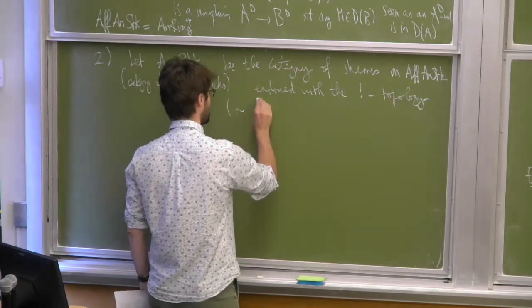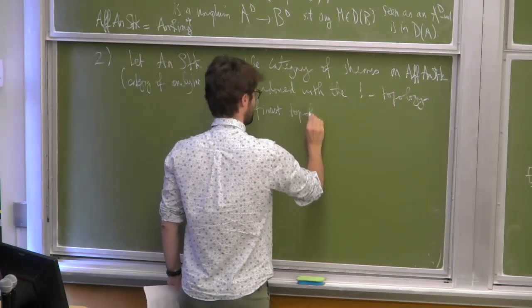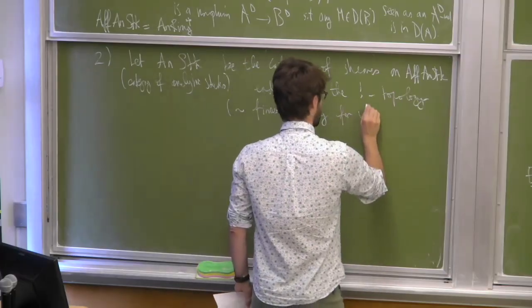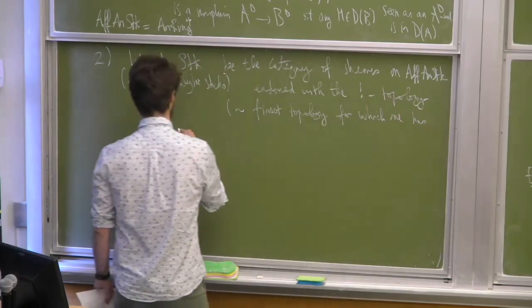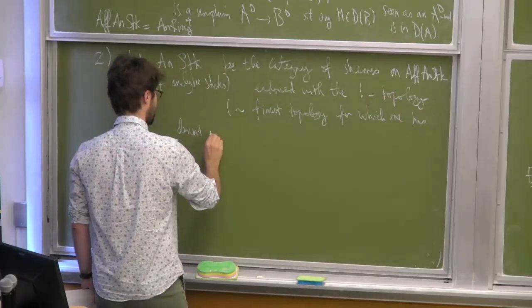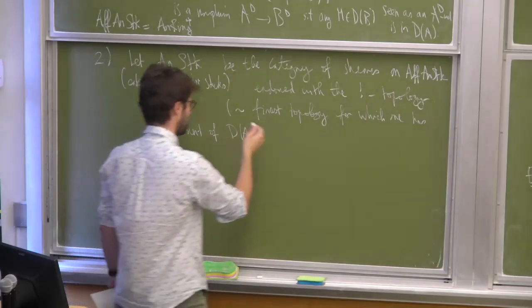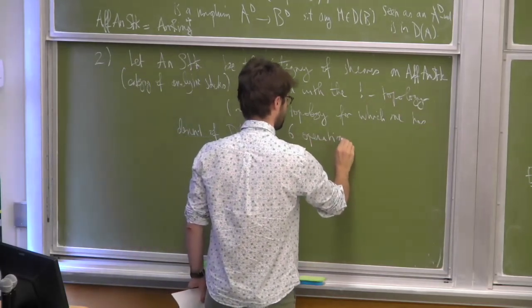In terms of intuition, it's in some sense the finest p-adic topology for which one has descent of this category of complete A modules, plus of the six operations one can define.